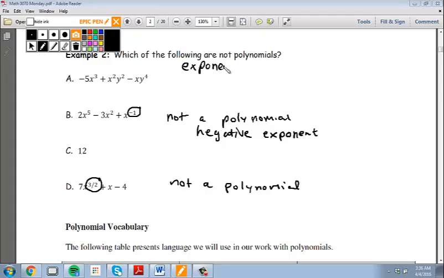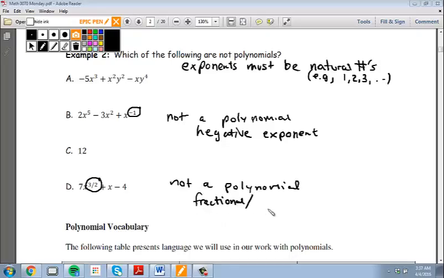So the exponents must be natural numbers, meaning 1, 2, 3, etc. Alright, so this is not a polynomial because it has a fractional or a non-integer exponent.